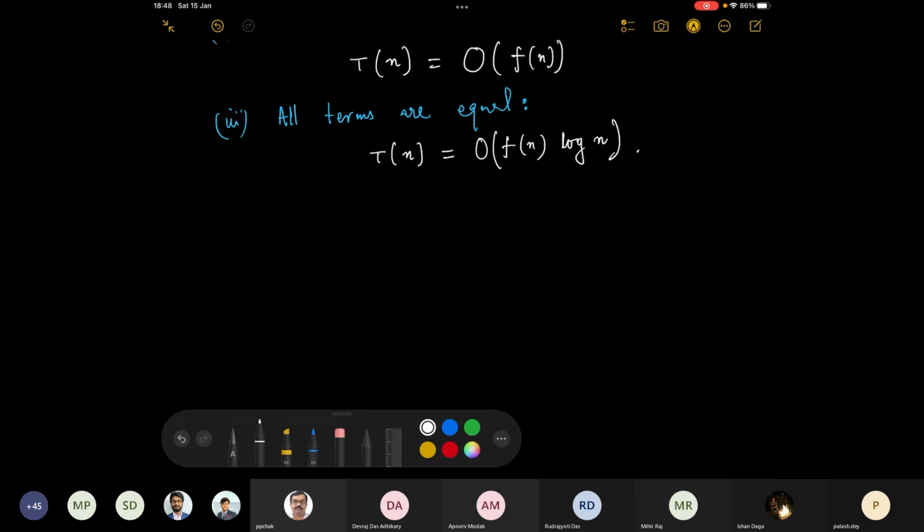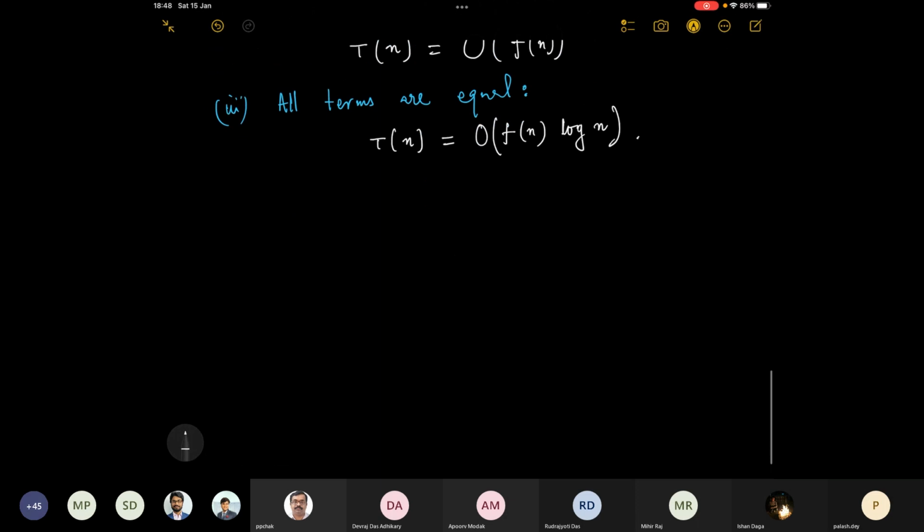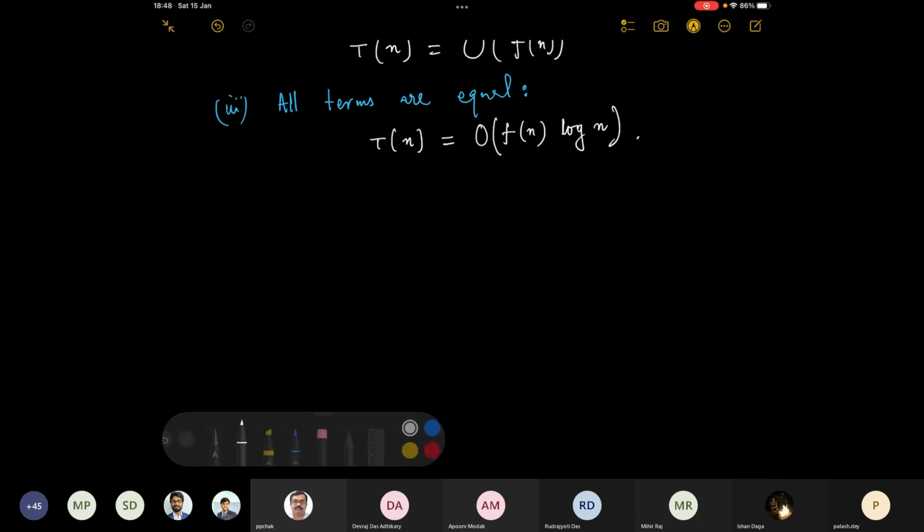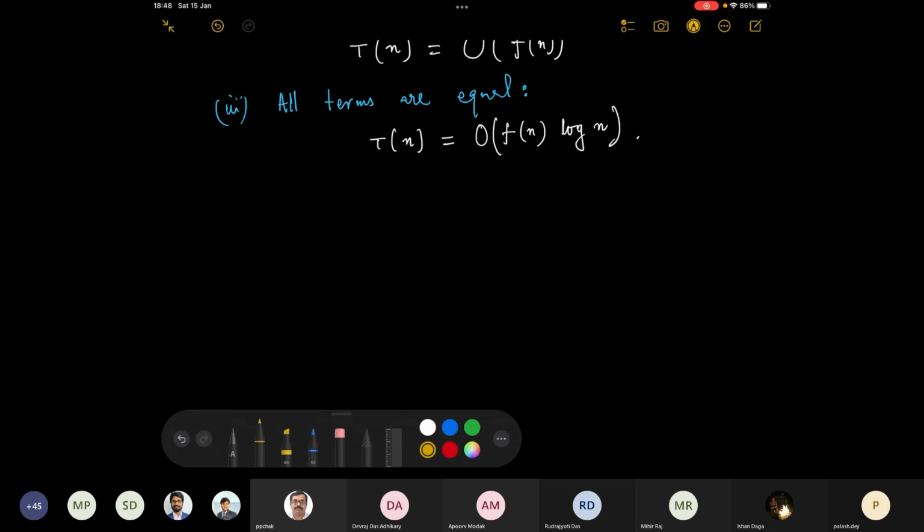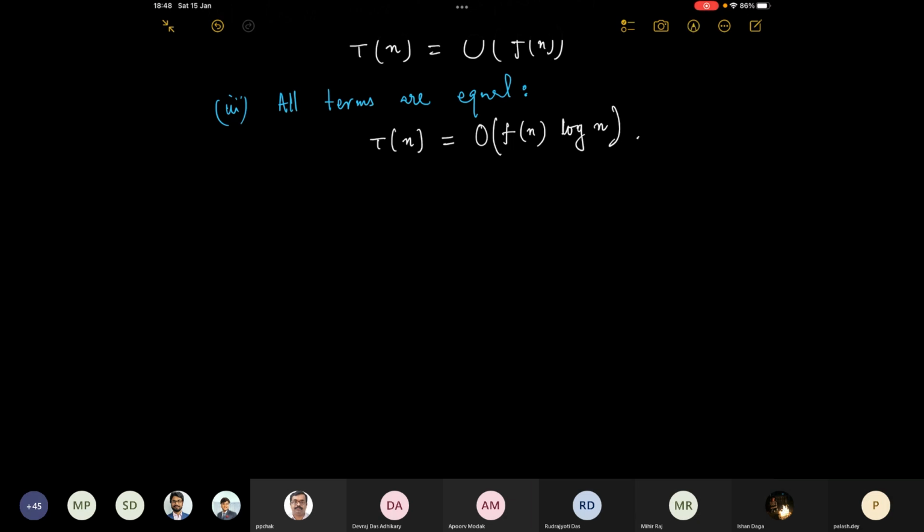Don't forget your question. Just before going to the substitution method, let me show what is called a recursion tree. It is just the pictorial depiction of this unrolling or expansion.